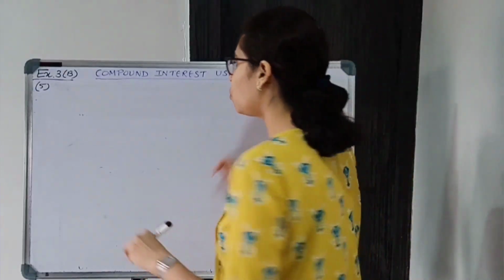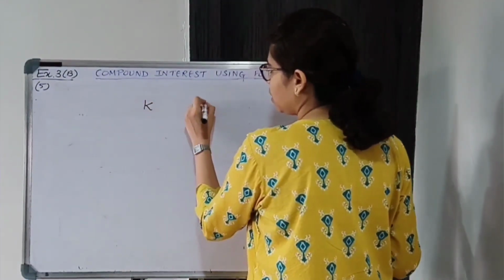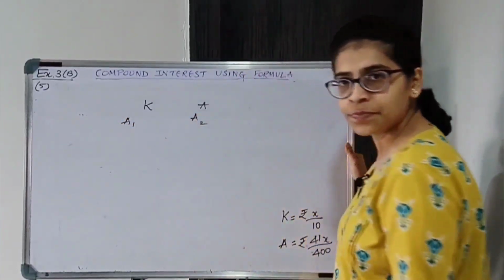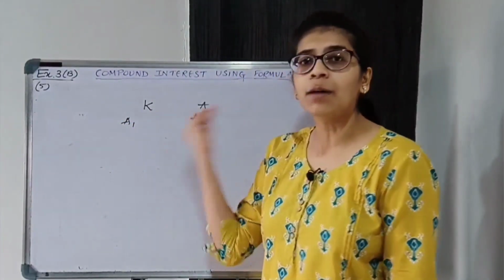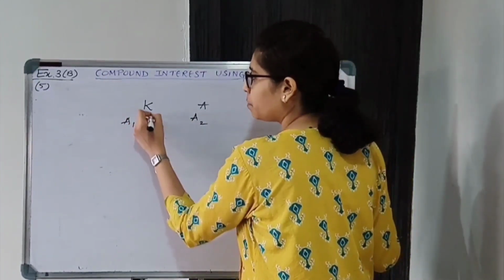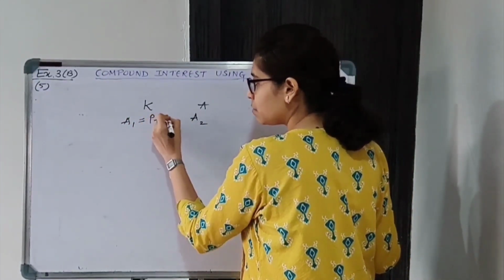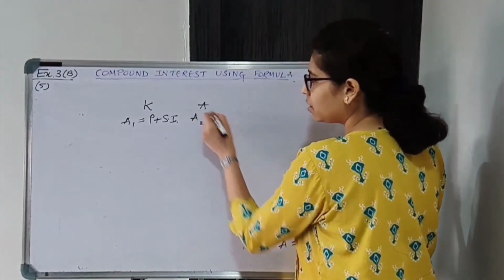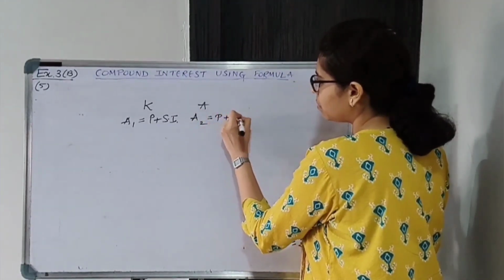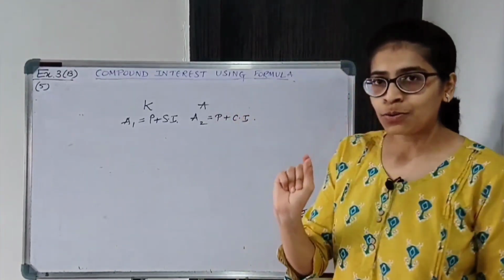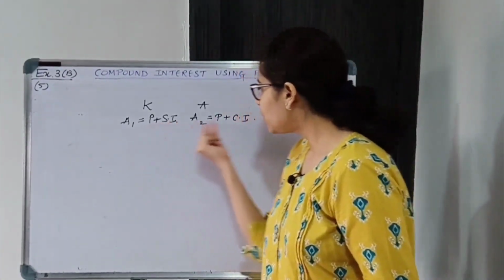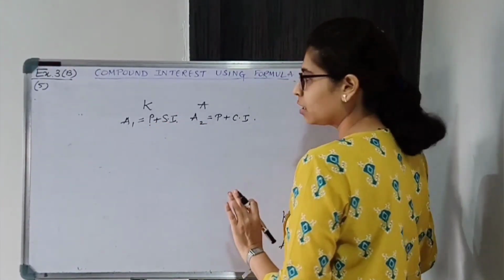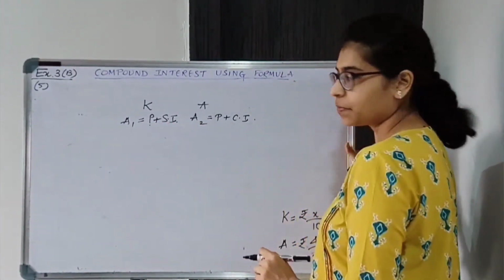Now after 2 years Kamal and Anand both will get some amount, let's say A1 and A2. Now what is the amount for Kamal? It is going to be the principal plus simple interest, as he invested at simple interest. Anand will get principal plus compound interest. Now both of them are investing the same principal, so the principal is the same.